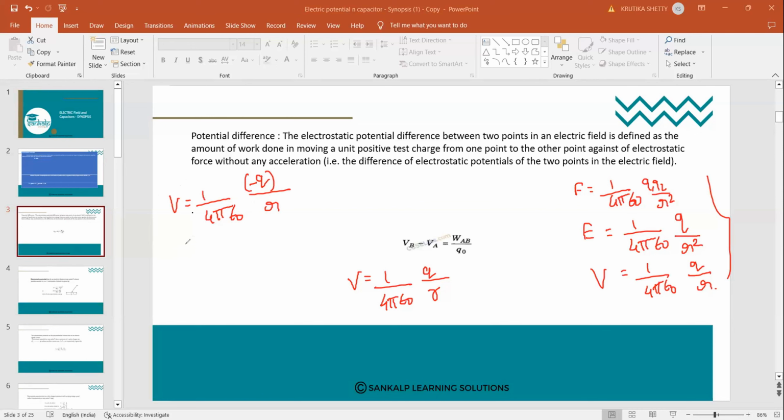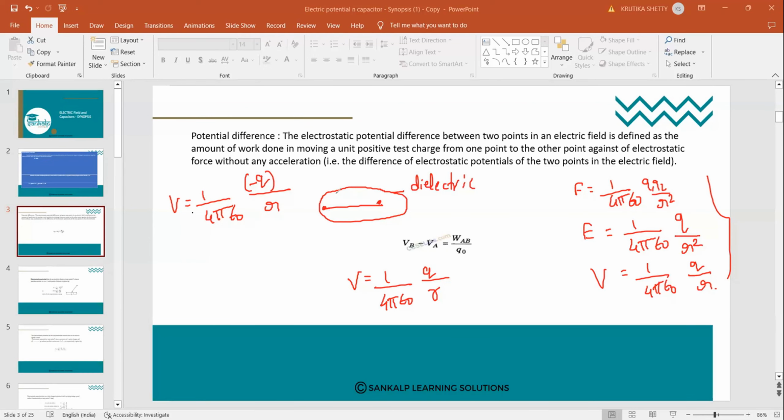Okay. Similarly, if the two charges are in a dielectric medium, we will see it later.